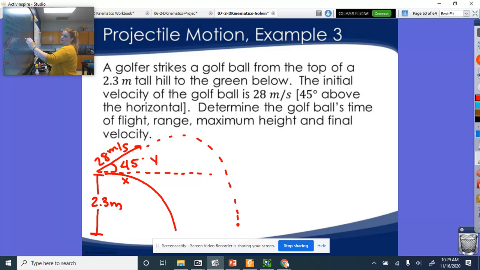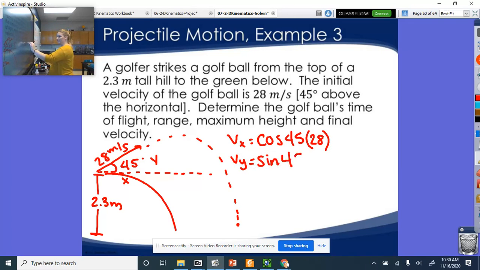So I have my velocity in x is going to equal my cosine of 45 times 28. And my velocity in the y is going to be my sine of 45 times 28.